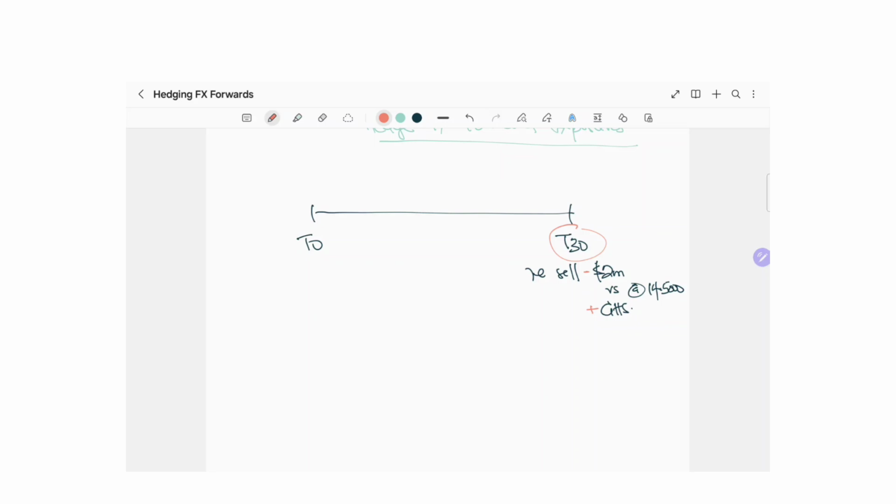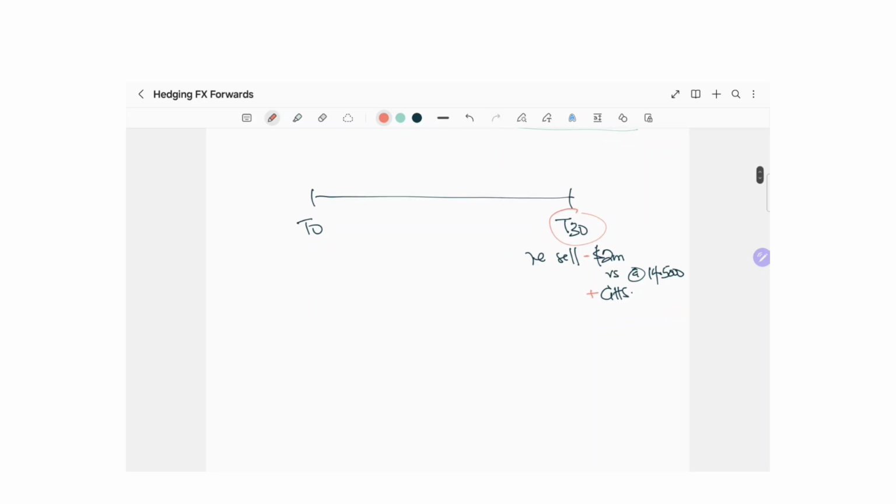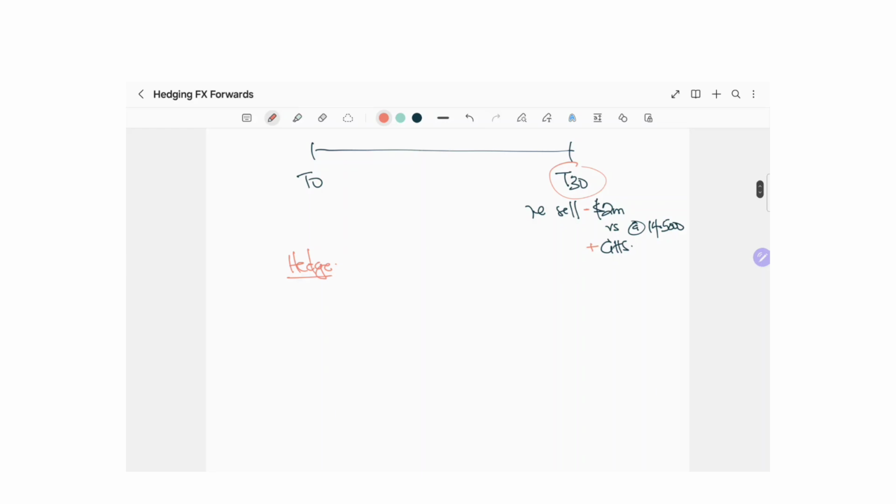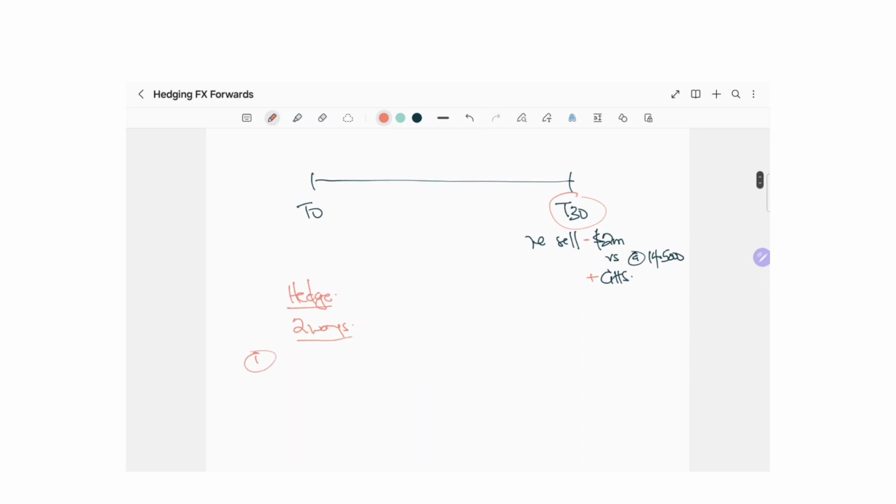So we have two things. Do we wait? The hedge here can come in a number of ways. I just want to use two ways. Now the first way to hedge this exposure, mind you, in 30 days time you are selling $2 million versus CD at 14.5.